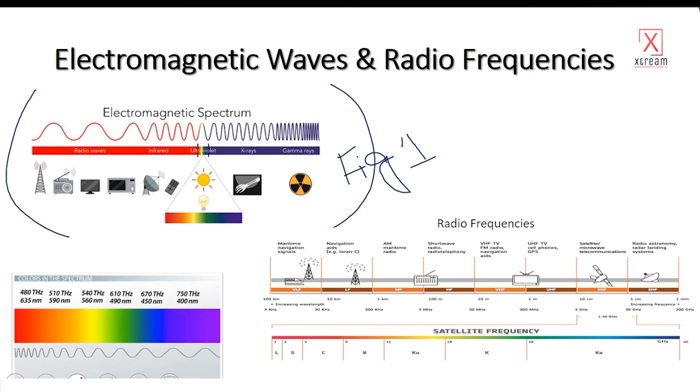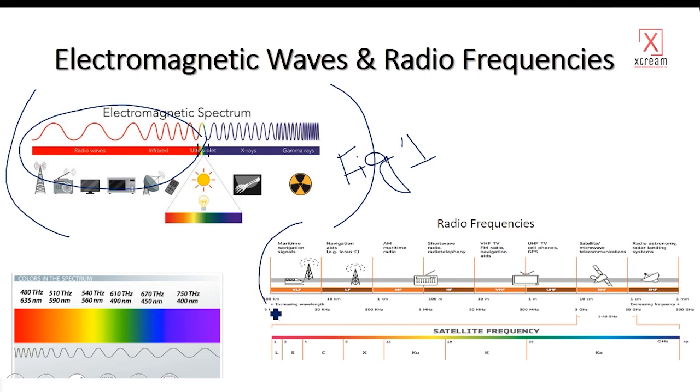This range has a complete range of frequencies. Now you can see that the red one, this portion, has a range of frequencies, and that range of frequencies has another sub-range of frequencies. We call those ranges the bands in the electromagnetic spectrum, or the sub-bands.